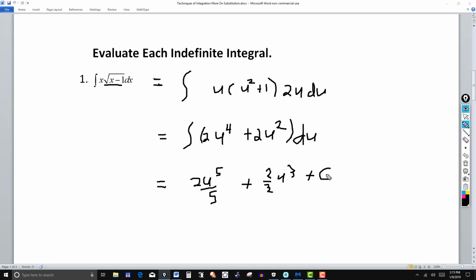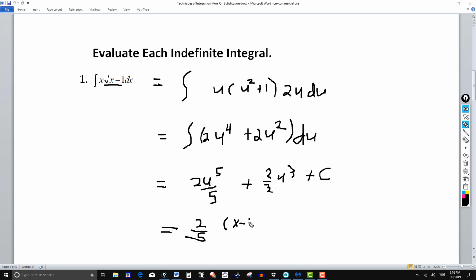And remember, when you're doing these substitutions, always give your answer in the original variable. Okay, so here we go. So it'll be 2/5. And remember, u is the square root of x minus 1, so this is the square root of x minus 1 taken to the 5th power. Okay, square root is a 1/2 taken to the 5th power.